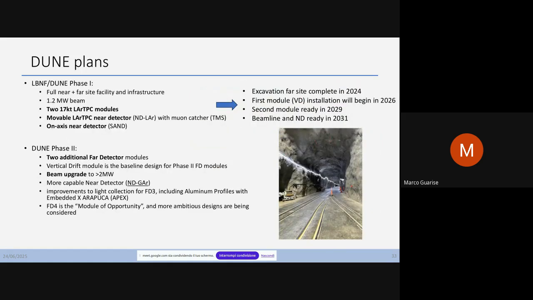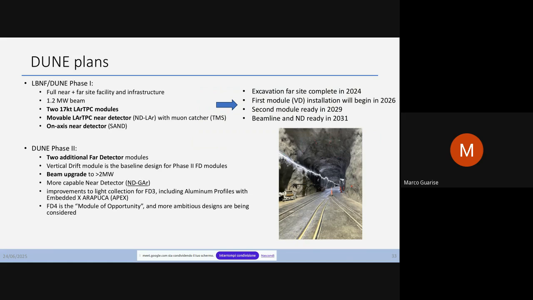For the future, we will start our phase 1 in basically 2030, so 5 or 6 years from now, with two far detector liquid argon time projection chamber modules, horizontal and vertical drift, with a complete near detector with the liquid argon and TMS, the muon spectrometer, and SAND, and with the standard beam at 1.2 megawatts.